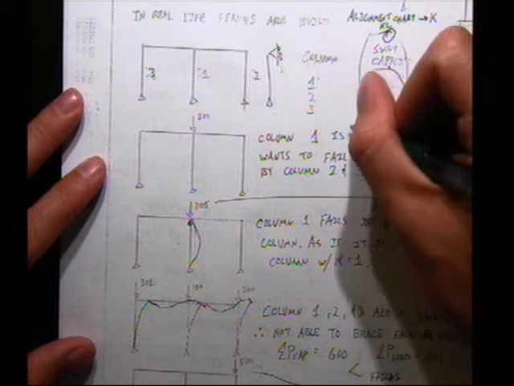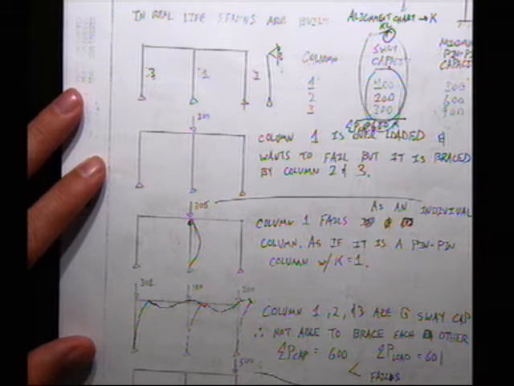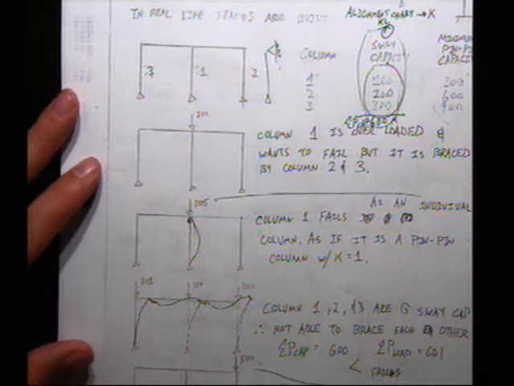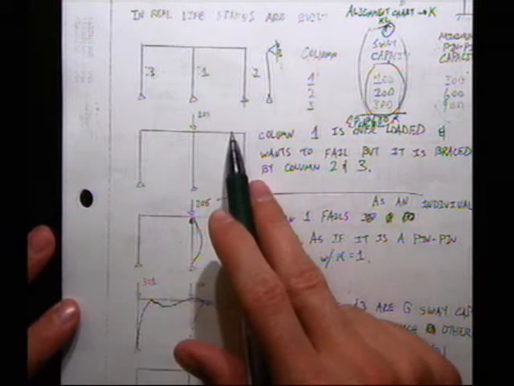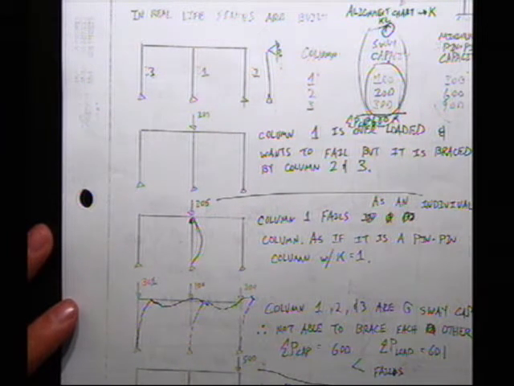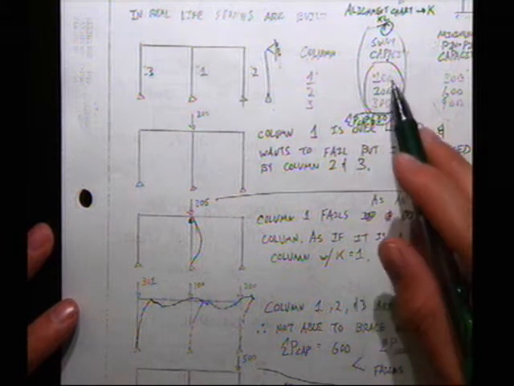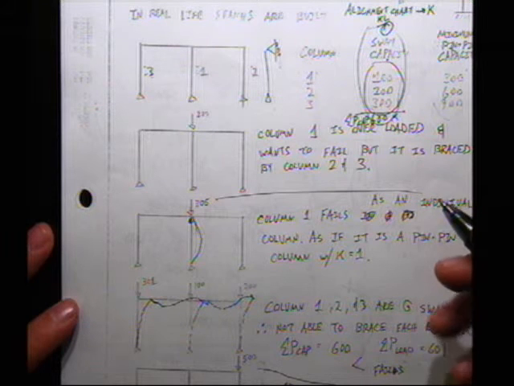And this is what we say is the summation of P capacity. What you're going to compare every time is the summation of P load, the sum of all the loads on top of the columns, to the summation of P capacity. If the load is higher than the group capacity, then it'll fail. If the load is lower, it will be safe.